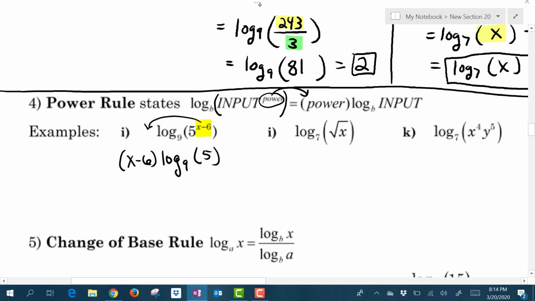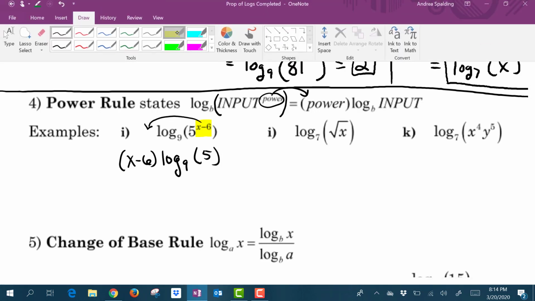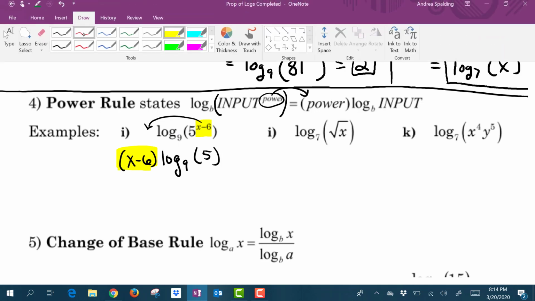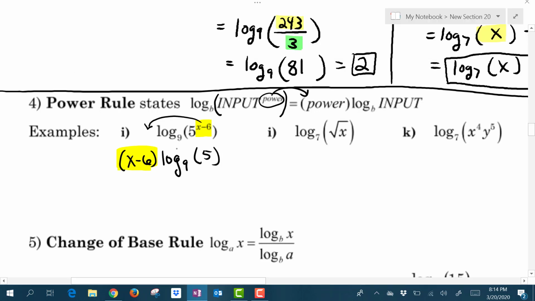Now you'll notice that I put x minus 6 in parentheses, and that's going to be significant. Later on we might want to distribute into the parentheses. We could write that as x times log base 9 of 5 minus 6 times log base 9 of 5.